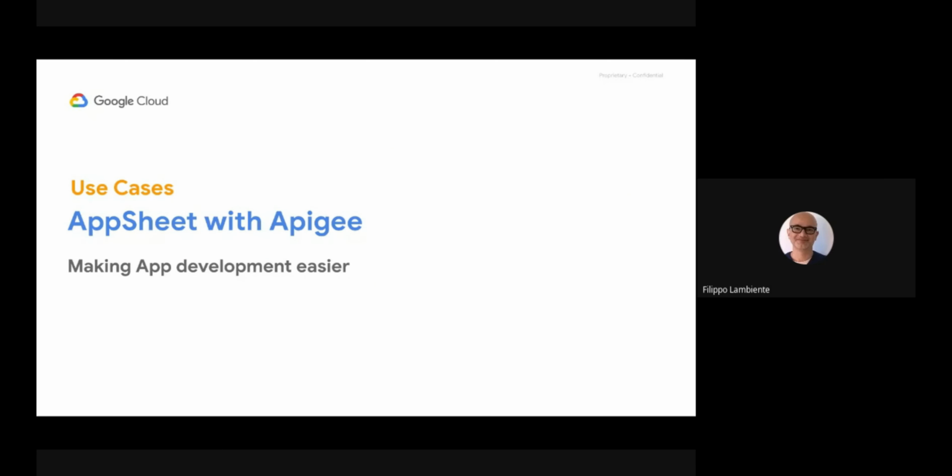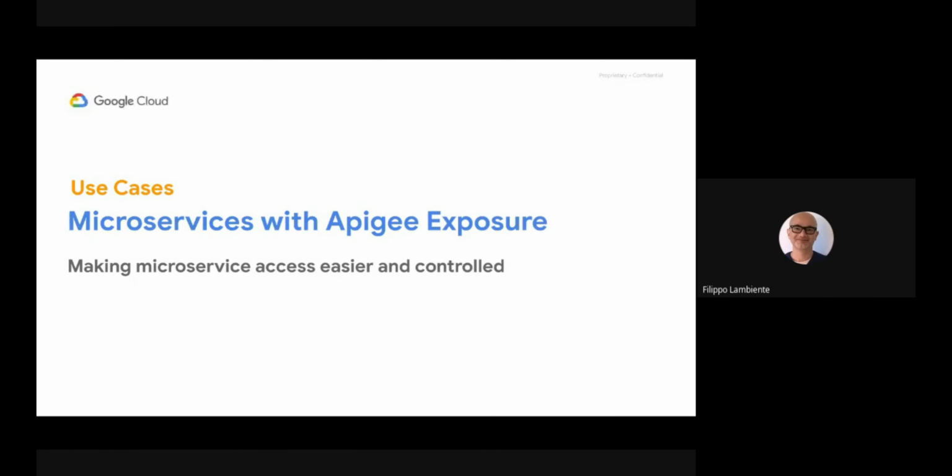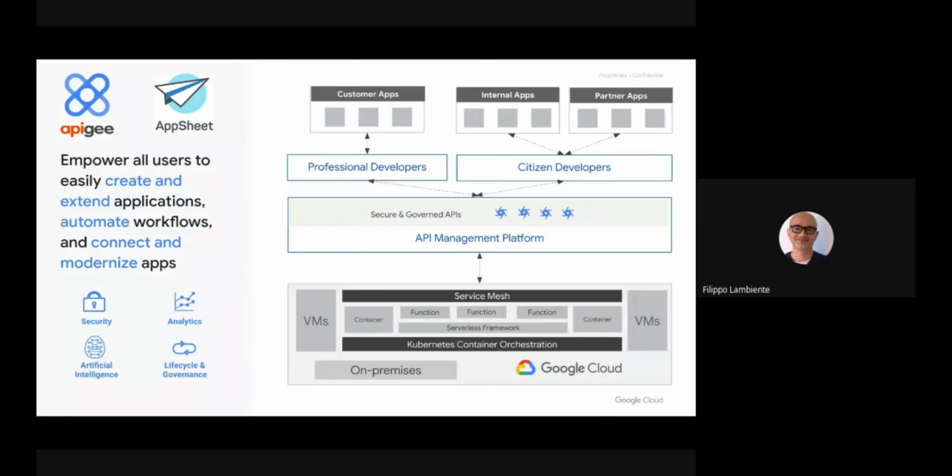Another use case is to simplify developing new applications, for example using AppSheet. I don't know if you are familiar with this product, but AppSheet is a low-code product from Google.